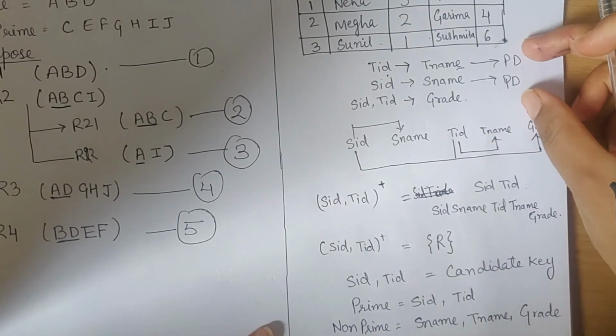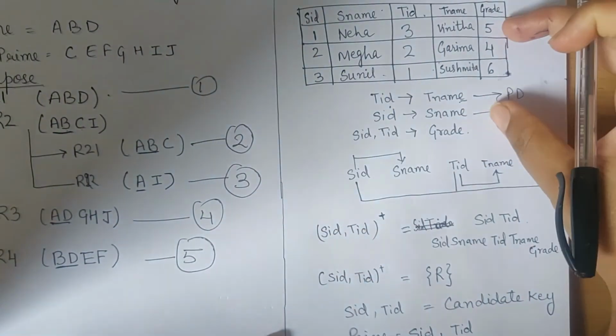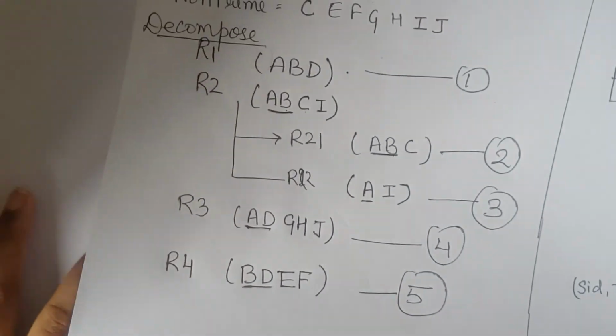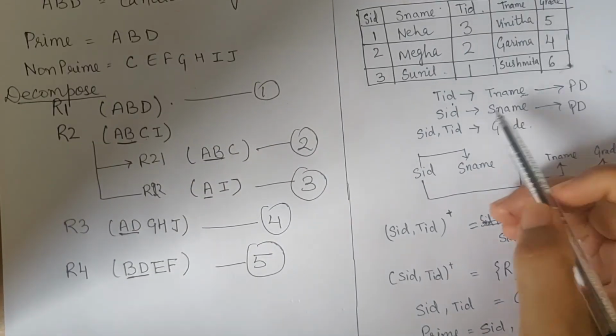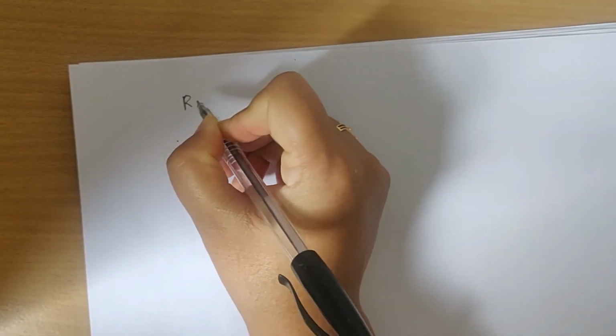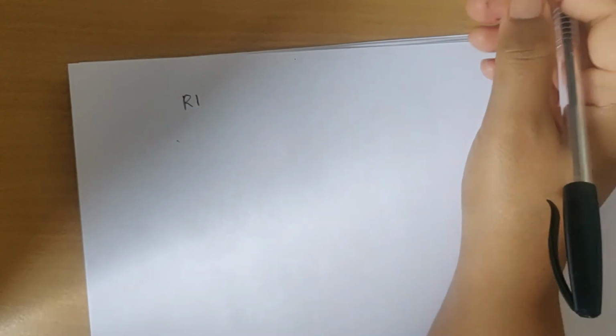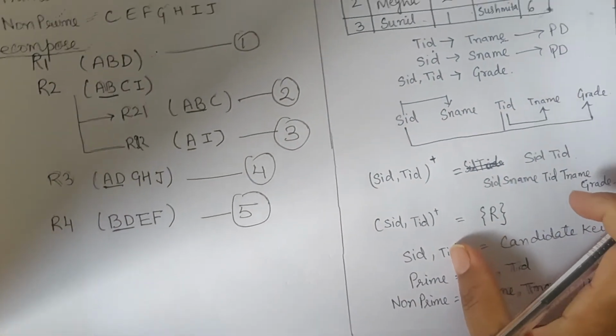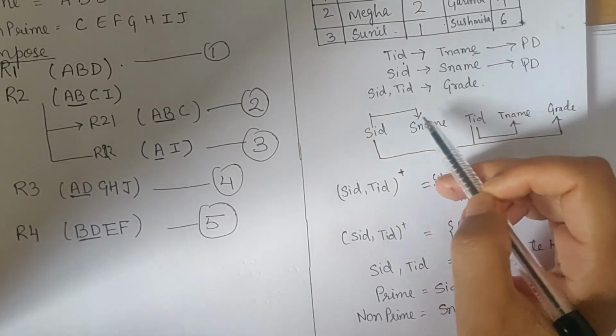What I have to do now? I have to decompose this student table and bring it to second normal form. So let's do that. How will I decompose this table? First, let us suppose I am writing R1. R1 will consist of candidate key and anything which is fully functionally dependent on candidate key.